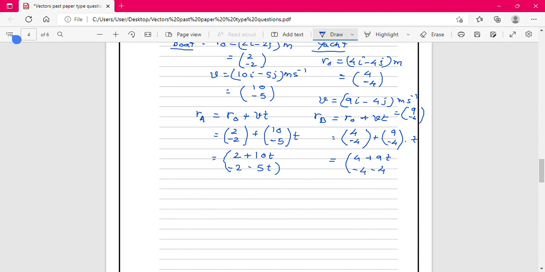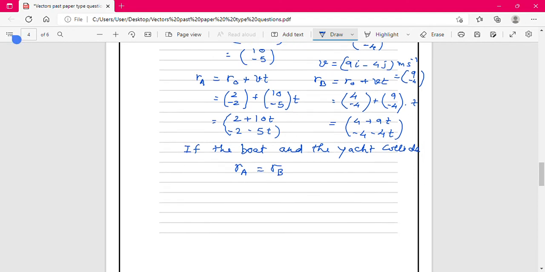Now, if the boat and the yacht collide, that means the final position vector of the boat and the final position vector of the yacht should be the same.